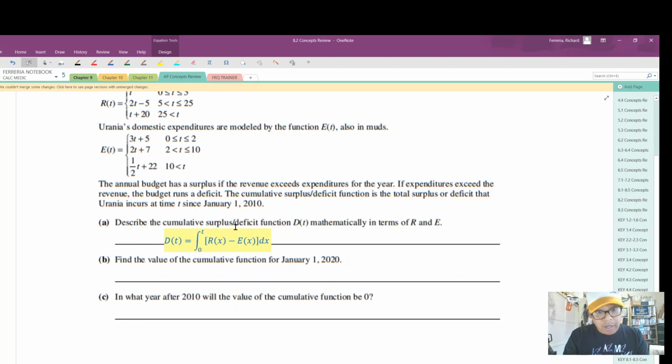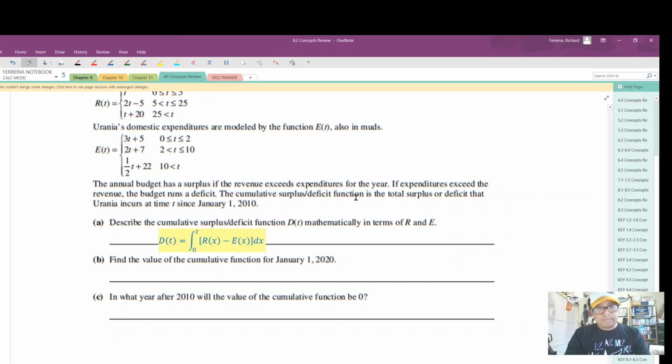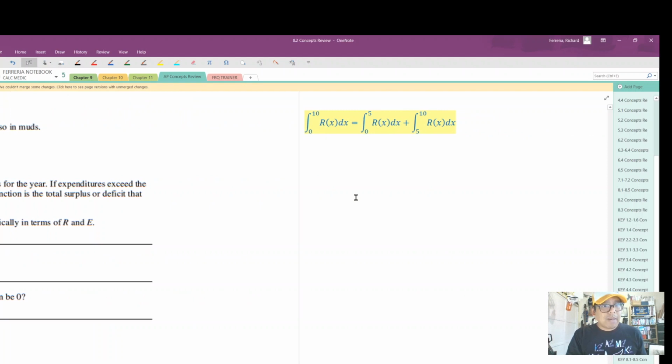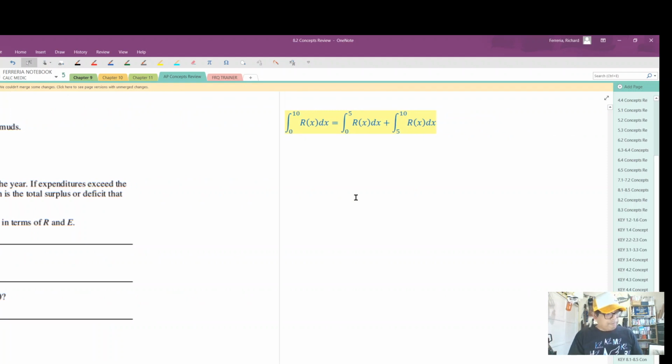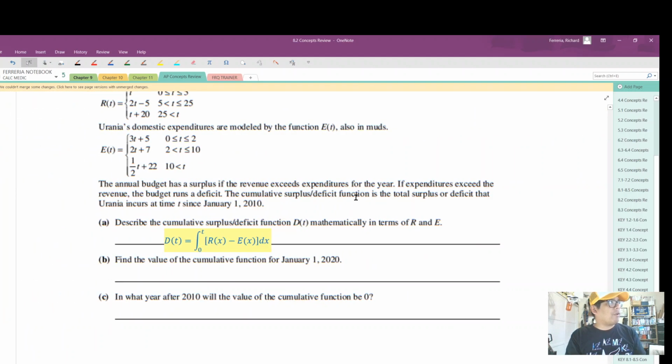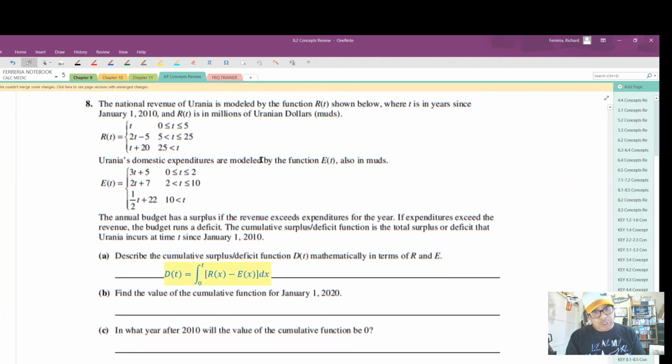There's definitely not enough room to put it right there, so we're going to slide over to the other side of the page. So my approach here is to figure out the R function first, or integrate R from 0 to 10, and then integrate E from 0 to 10 as well. So for that integral of R from 0 to 10, notice that your function R is a piecewise function, and there is a break at t equals 5.